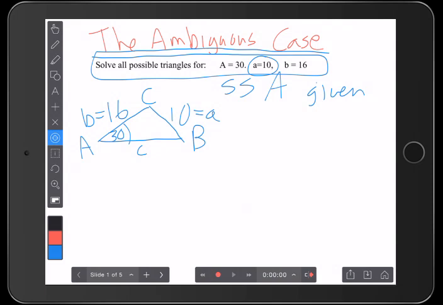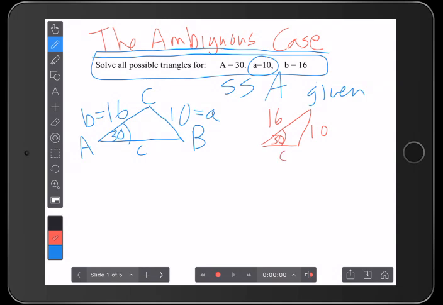And so what I would do right away is draw and say to myself, is it possible to have a second triangle? And I know that from our investigations that we've done, if I had a second triangle, it would look like this. 10, 16, 30. It has the exact same measurements in the same locations, but the triangle is very different.